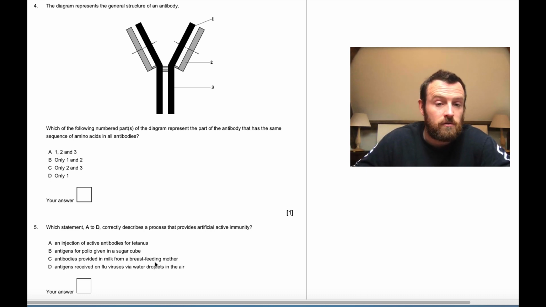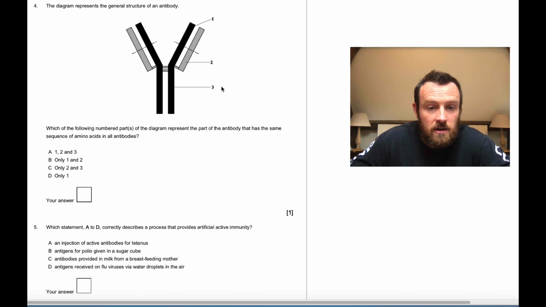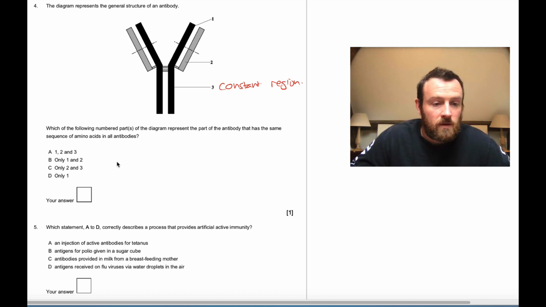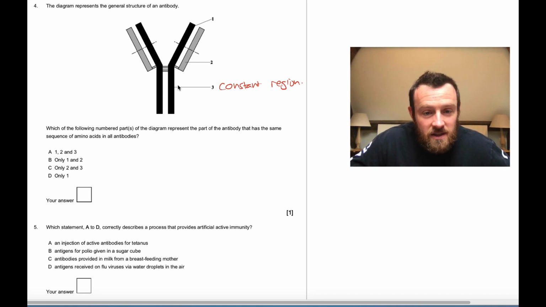Well, this is the constant region, isn't it? So it's this one. So it is this part. Now, this is kind of tricky to say where this is pointing to.